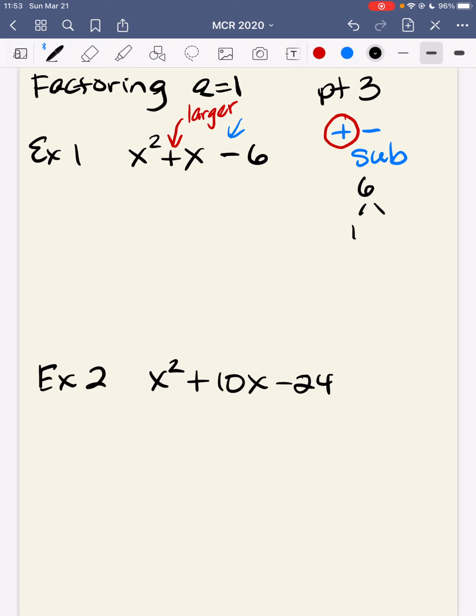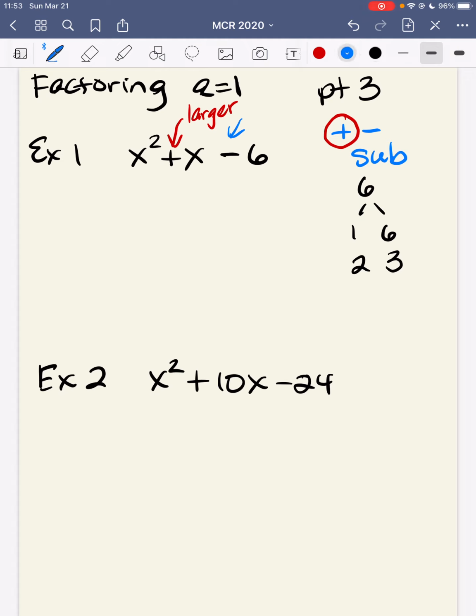Factors of 6, I have 1 and 6 and 2 and 3. Right, now I'm looking for a pair of these that subtract and give me this invisible 1 we have here in the front. That would be this set right here. 3 minus 2 is equal to 1. So I'm going to use my 2 and my 3.